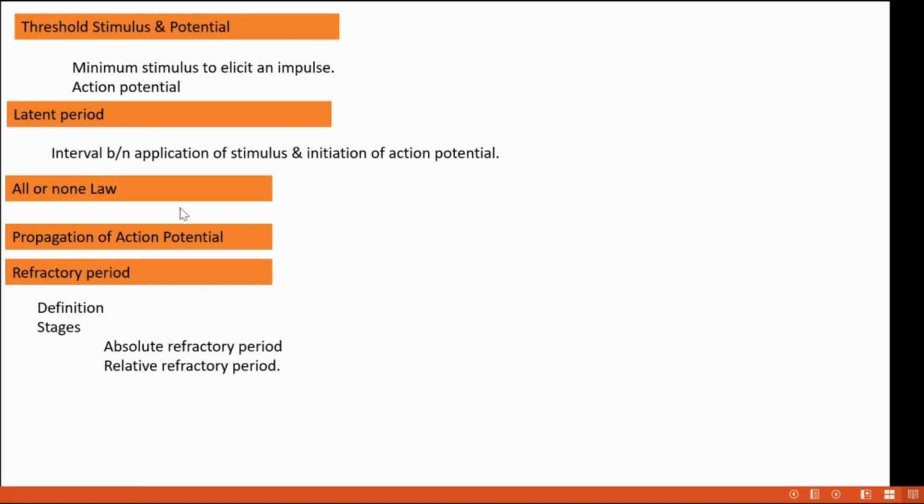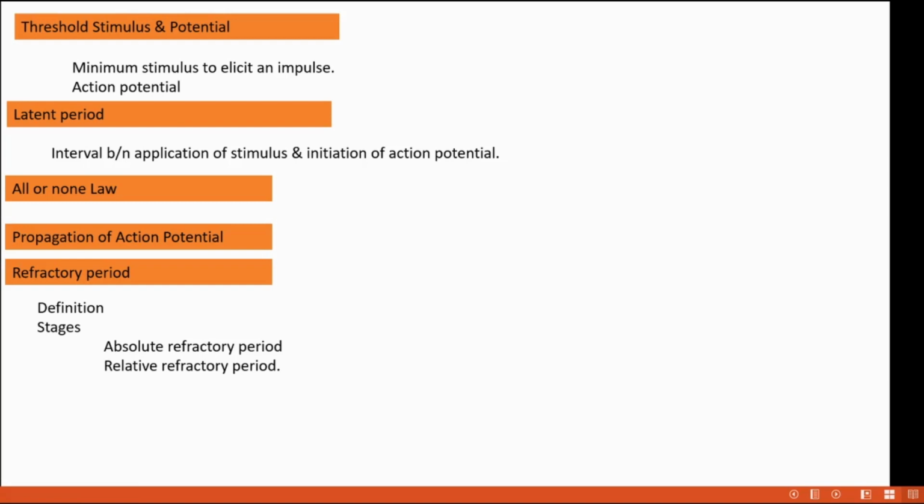Then the all or none law. All or none law means that only when the stimulus has enough strength is there a generation of an action potential. Otherwise, there is no action potential, no change to the nerve.